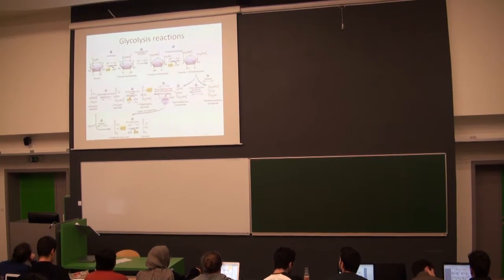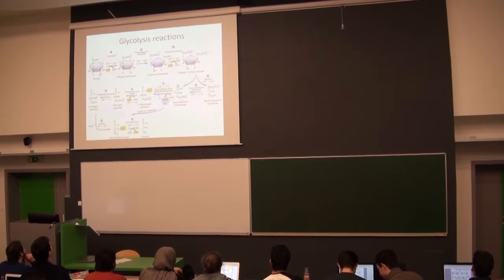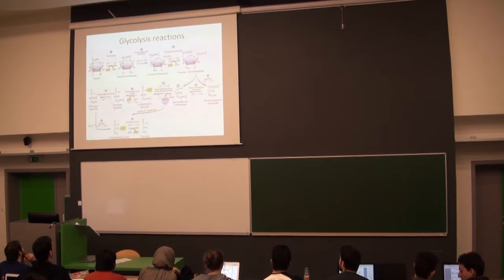Why you do not see this group here is due to the fact that this reaction is so exergonic that the enzyme can take the inorganic phosphate and couple this inorganic phosphate with the newly formed carboxylic group.